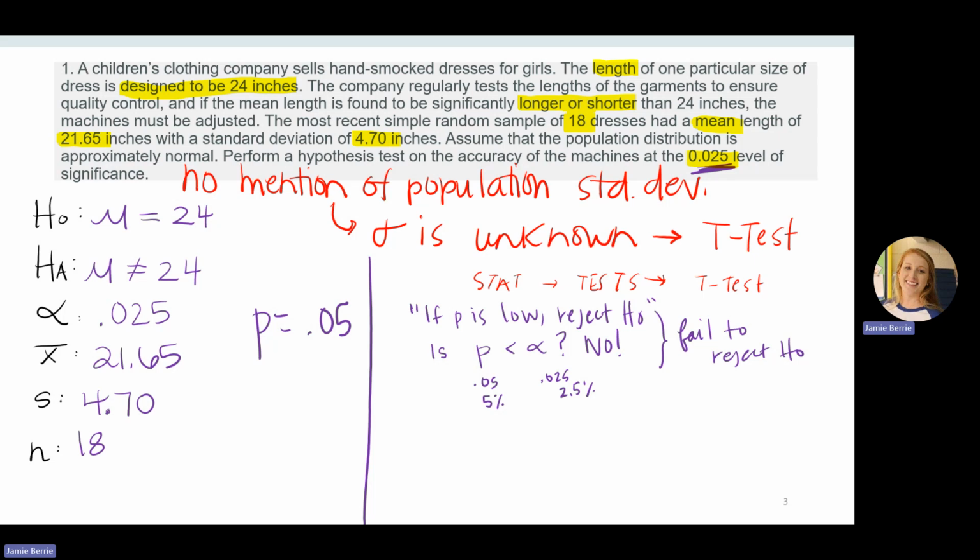I think the template sentence I was using was something like, we do not have sufficient evidence. I noticed on the homework that they say insufficient, so we'll use that here.